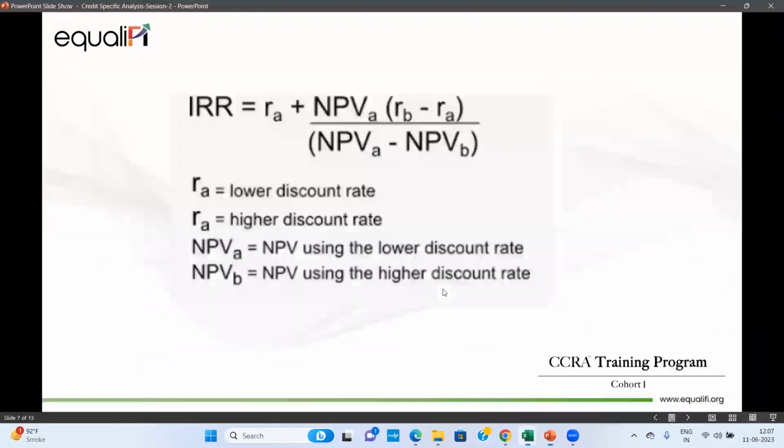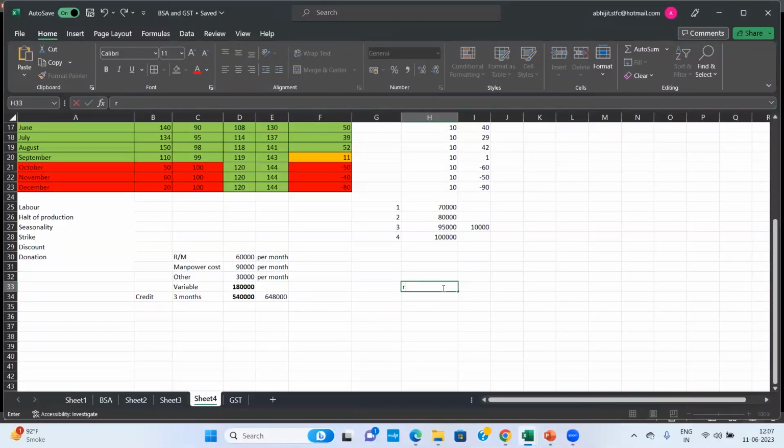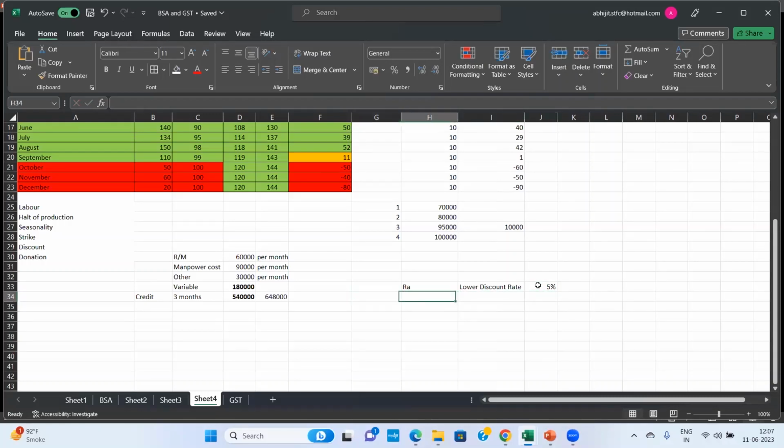There is something called the lower discount rate, RA. Say this is 5%. Next one is RB, which is the higher discount rate. Say it is 7%. Next is NPVA. What does it mean?